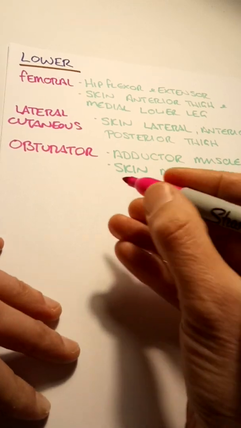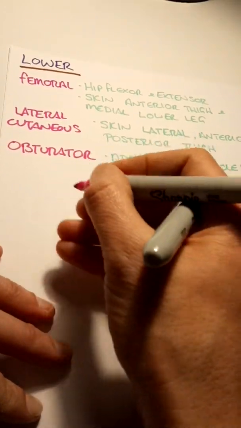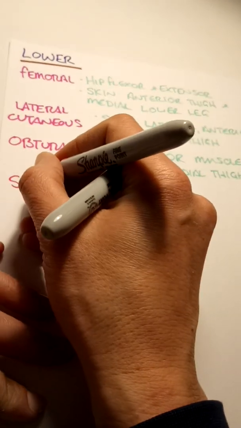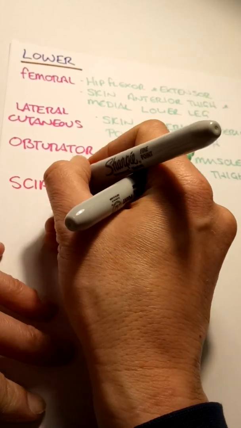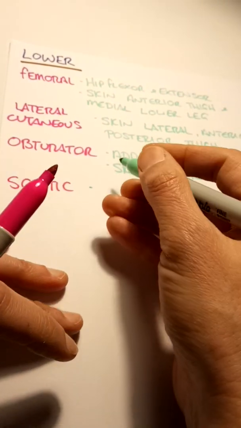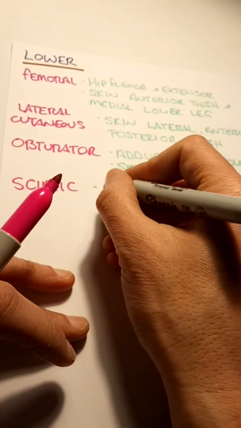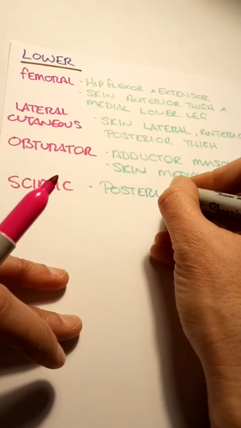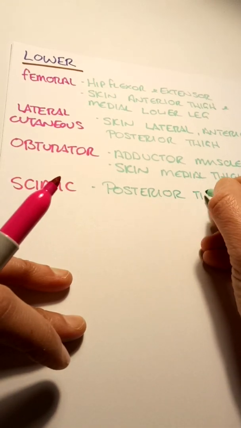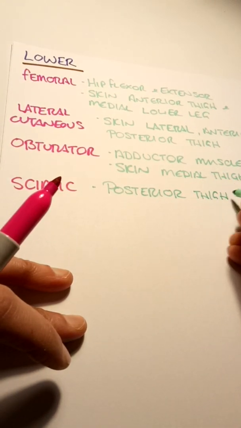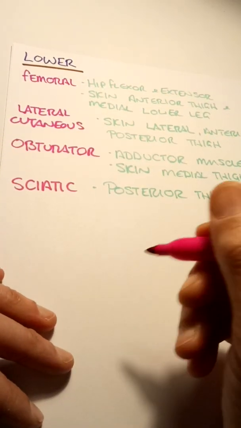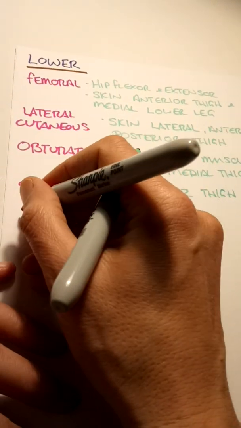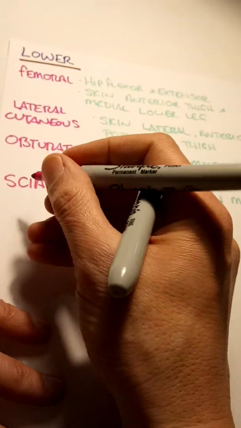Then we've got our sciatic nerve. A biggie. What does your sciatic nerve do, aside from hurt people? Posterior thigh muscles. There we go. And now your sciatic nerve splits into the tibial and the fibular or peroneal.